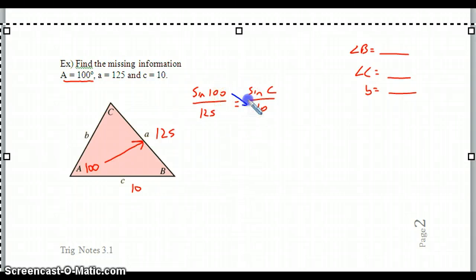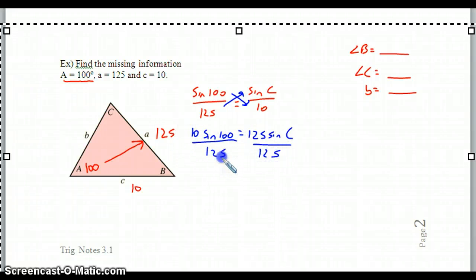Okay, so let's cross multiply to solve this. 10 sine of 100 equals 125 sine of C. I want to get the C by itself, so first I have to get rid of the 125. I'll do that by dividing. Typing this in my calculator, 10 sine of 100 divided by 125 gives me 0.07878, and keeps going on.